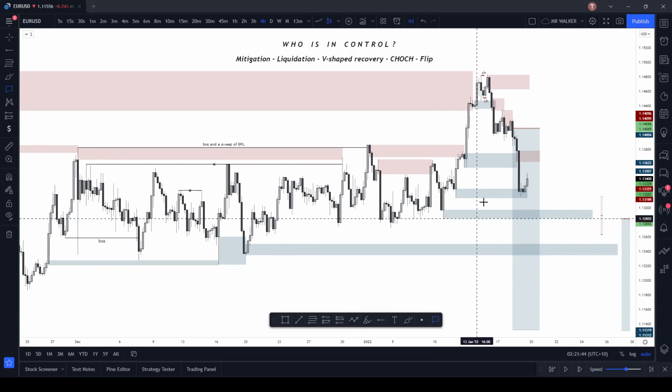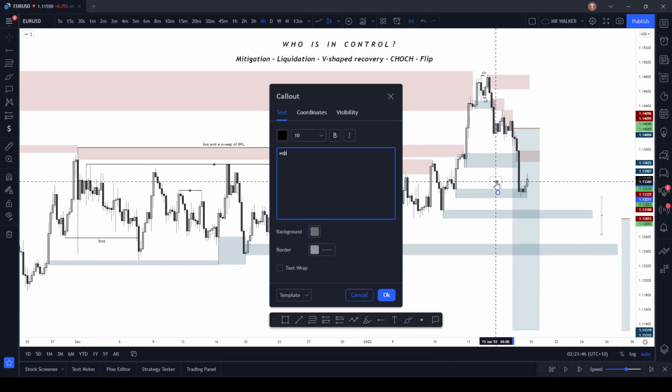So at this point, I will write valid looking demand, and then reasons: swept liquidity, engulfed candle, impulsive push to the upside, and then flipped the supply, has inducement.